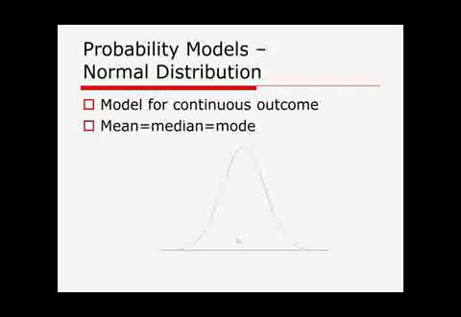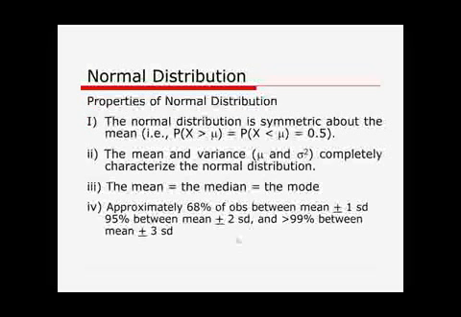The mode is what's called the most frequent value. So the highest peak on this graph would be what we call the mode, the value that occurs most frequently. And for a normal distribution, not for all distributions, but for the normal, the mean is equal to the mode, equal to the median. Now, if you know or are told that something follows a normal distribution, again, how would you know?